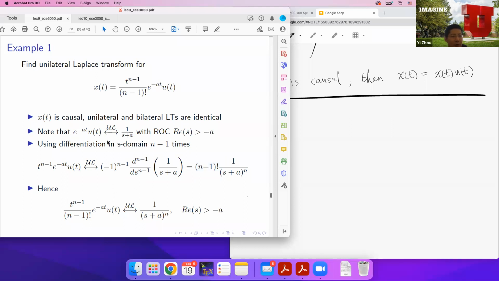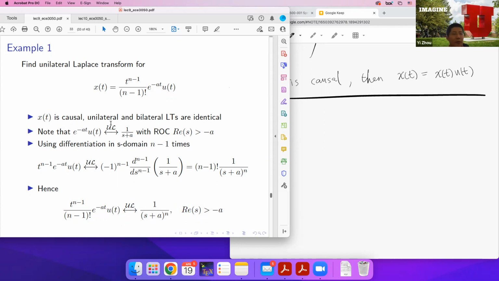And combining both parts, we can conclude that the unilateral Laplace transform equals to this one. Okay, you still need to move this factor to the left-hand side so that you can have this signal. But once you do that, the unilateral Laplace transform reduces to this one with the ROC given by to the right of negative A.